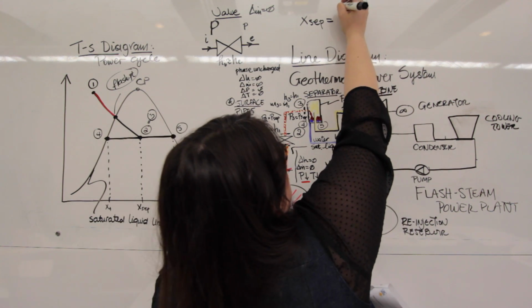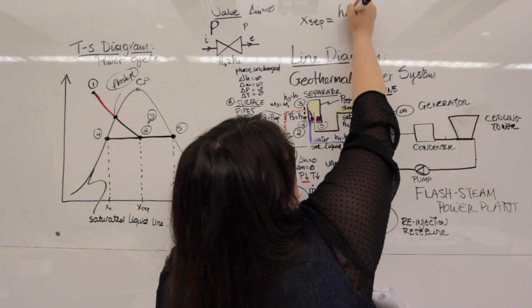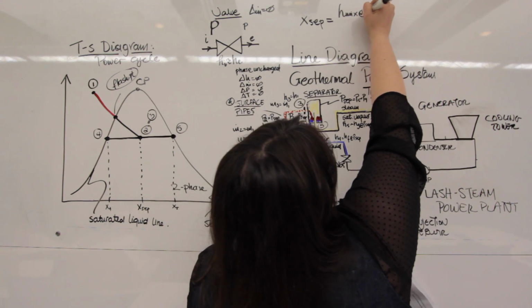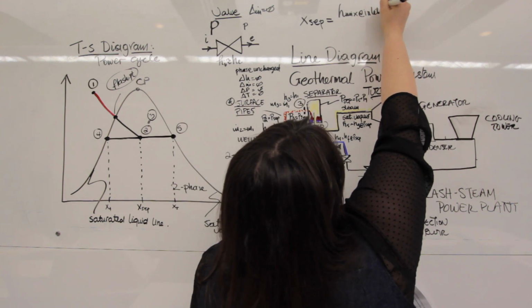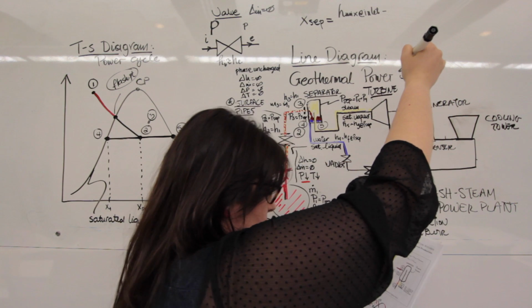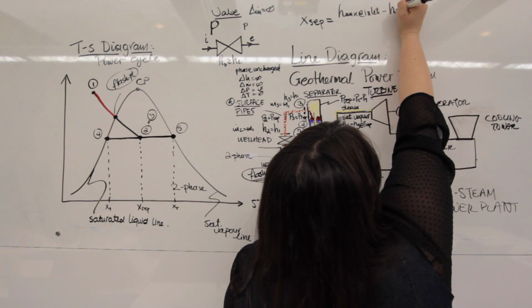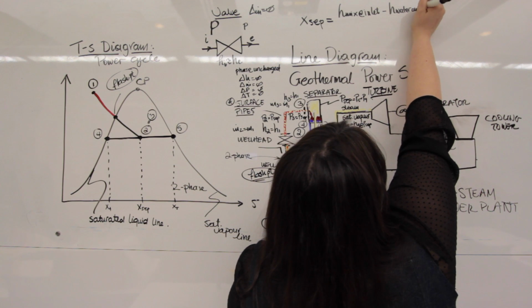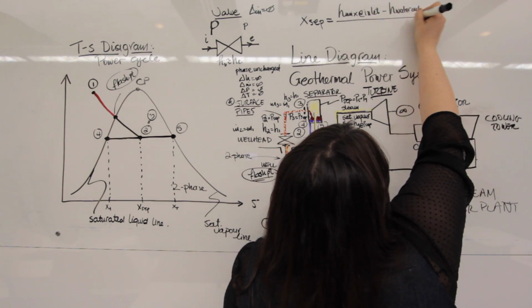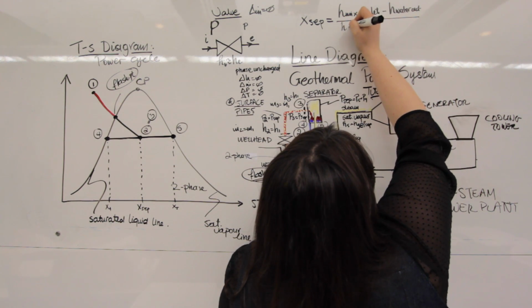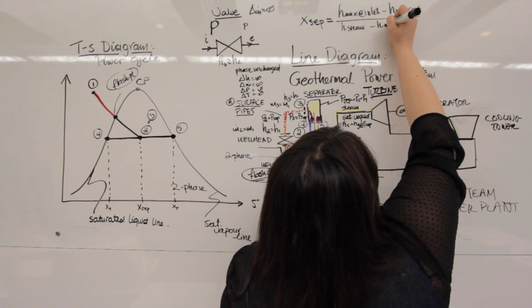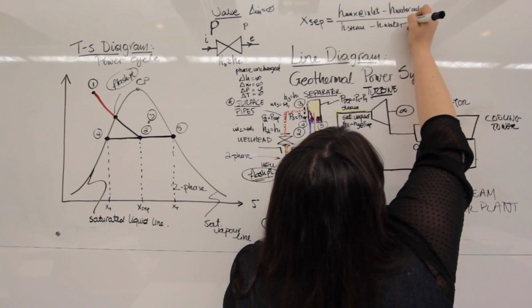We have h of the mixture at inlet minus h at the water outlet over h at the steam outlet minus h at the water outlet.